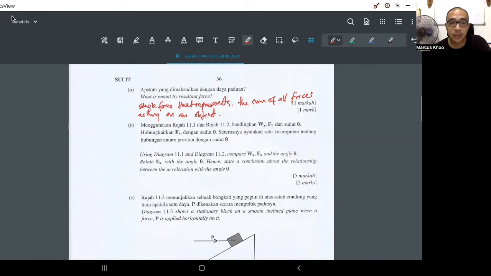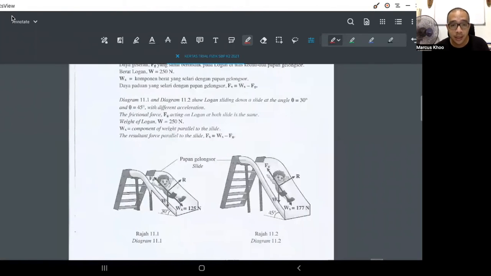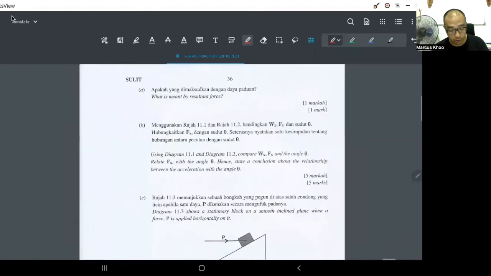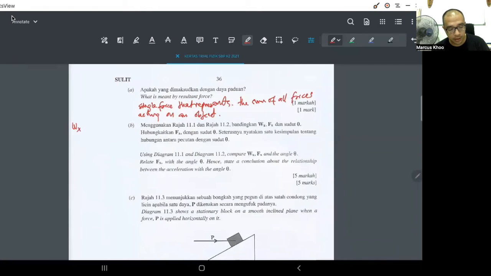Okay, diagram 11.1, 11.2, compare Wx, Fx, and the angle theta first. Okay, let's compare Wx. If you look at Wx, okay, obviously 11.1 is less than 11.2. Okay, Wx 11.1 is less than 11.2, smaller than 11.2 lah. Okay, Fx.